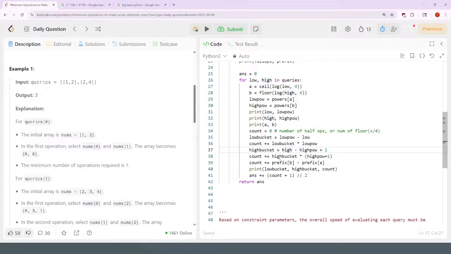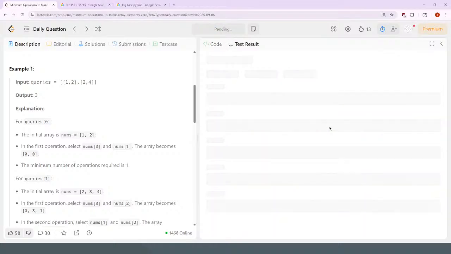There's something wrong. Well, obviously there's something wrong, but these numbers seem unusually high. Low bucket times low pow. It's supposed to be times A and times B. Times A times B plus 1. God damn, that's so stupid.